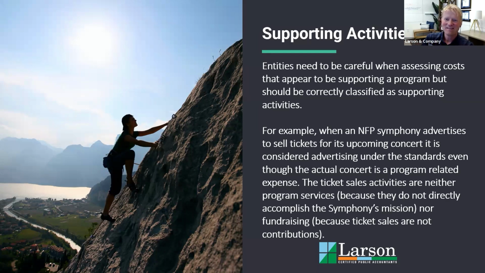So for example, for a nonprofit symphony, if a nonprofit symphony is advertising to sell tickets for an upcoming concert, it is considered advertising under the standards, even though the actual concert itself is a program-related expense. So the expenses to actually put on the concert and have it happen are a program activity.